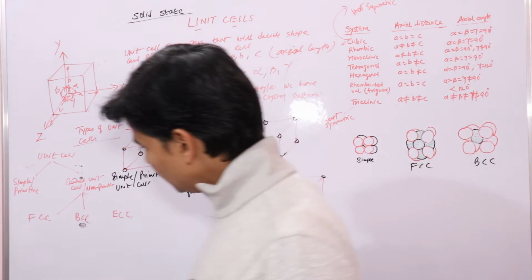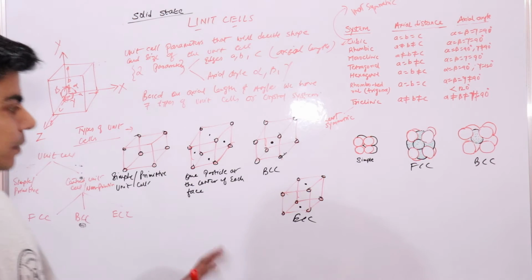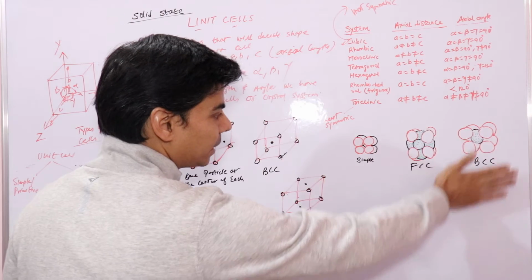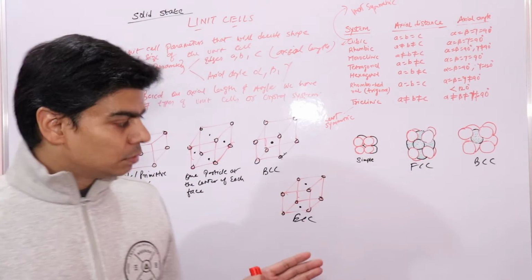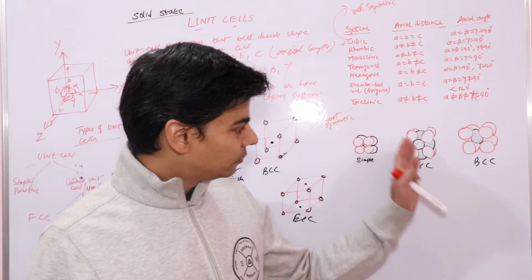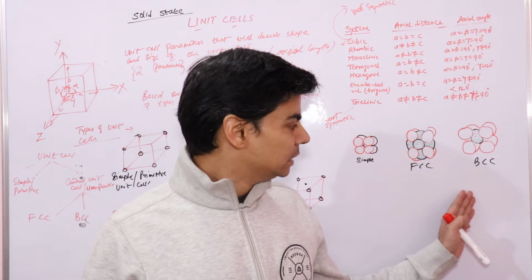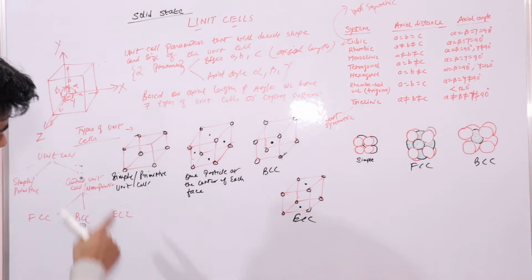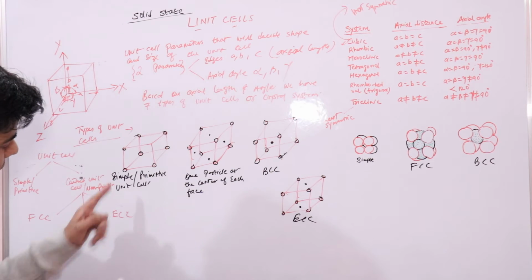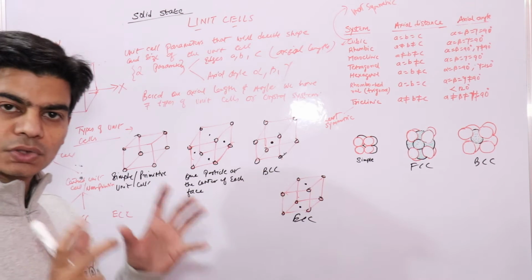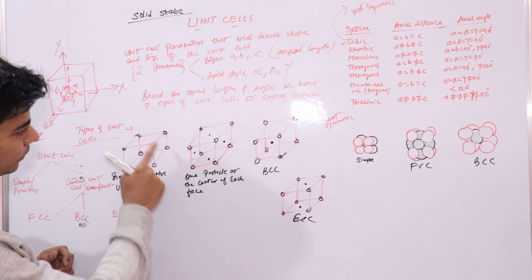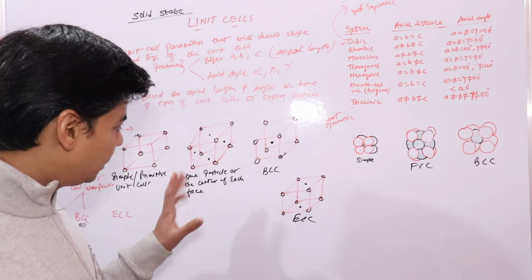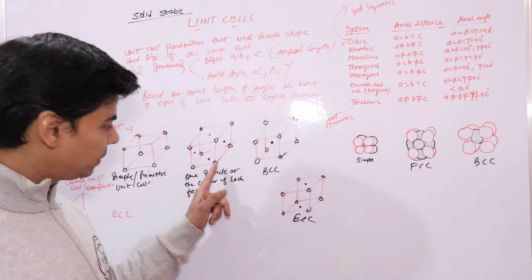Now, this we have studied in our previous lectures. If you look at these three diagrams of simple, face centered and body centered, we have represented the particles of the solid as black dots. But you can see that there is a lot of space between the black dots.